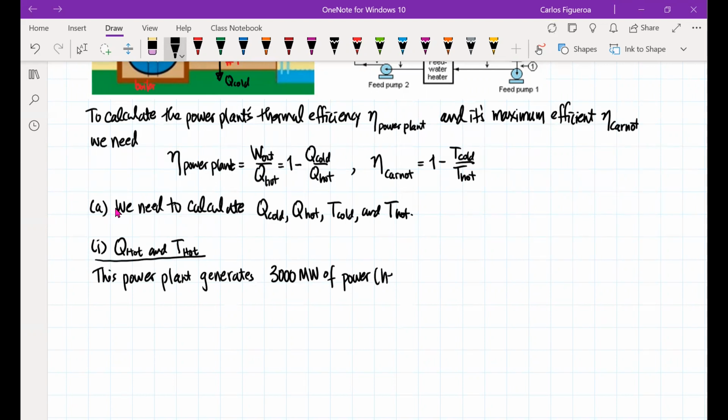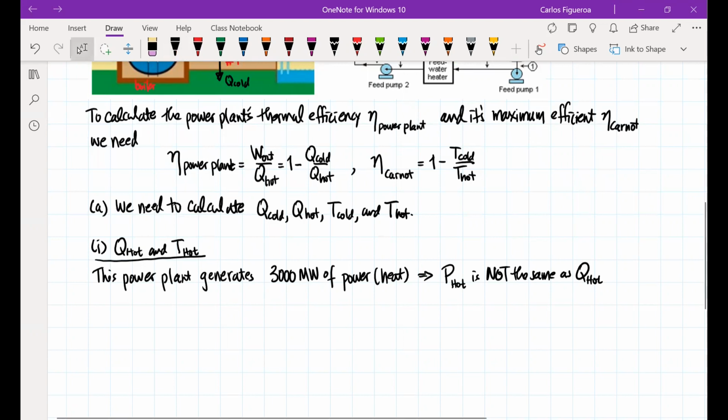And they generate heat, but they generate 3,000 megawatts of power. And so note, this implies that the power produced by the hot reservoir is not the same as Q hot. Okay, it's not the same as Q hot.